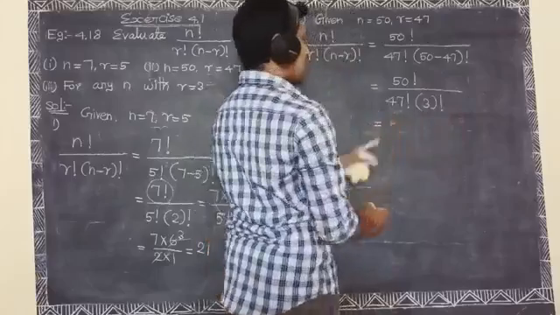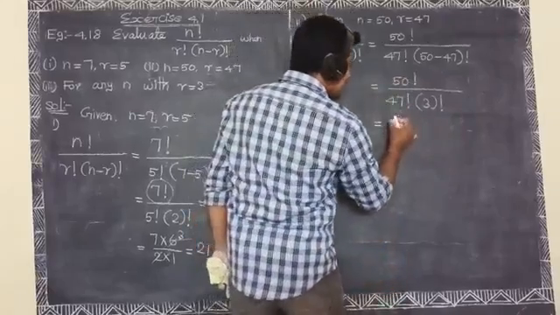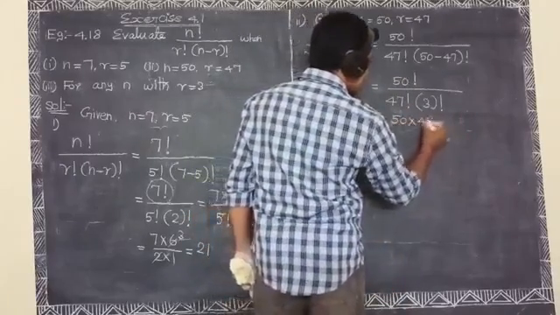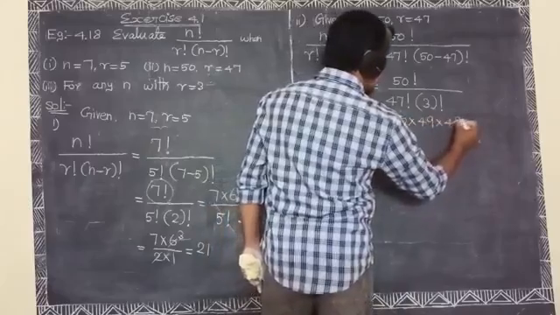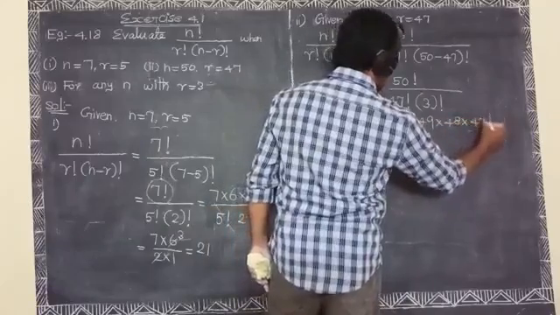In the numerator we can rewrite 50! as 50 × 49 × 48 × 47!.